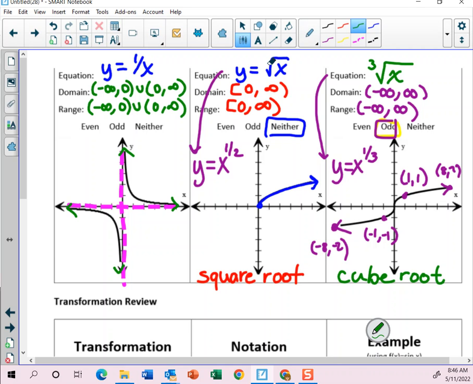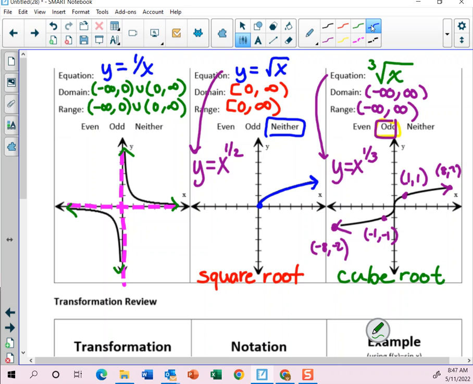There's a piece of the function that goes from negative infinity to 0 in x and negative infinity to 0 in y. That's this bottom branch. A lot of times we call these branches. And then this branch up in the first quadrant is the 0 to infinity x's with 0 to infinity y's. Positive x's and positive y's, and negative x's giving us negative y's.